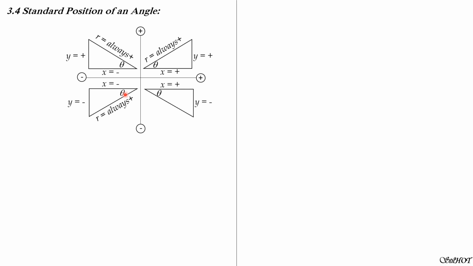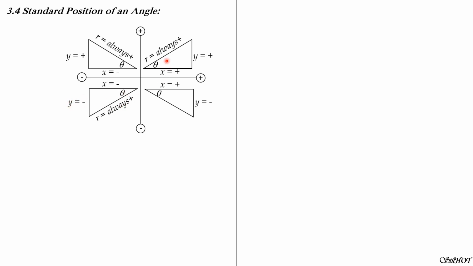If this is 30 degrees, then this angle would be 180 plus 30, 210 degrees. Since x and y are both negative in the third quadrant, sine of 30 is positive 1/2, while sine of 210 degrees is negative 1/2.